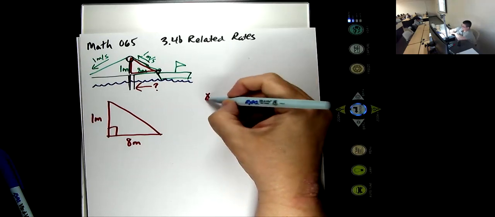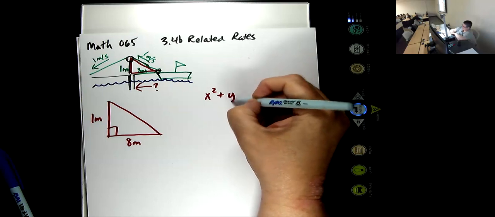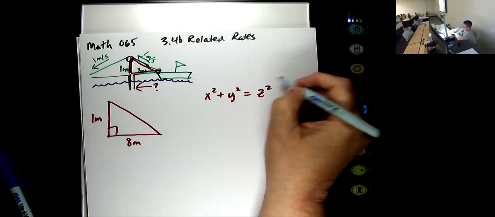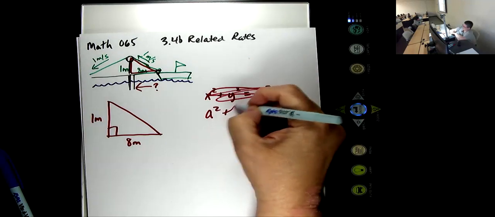X squared plus y squared equals z squared, or a squared plus b squared equals c squared. Let's use the letters you guys know.